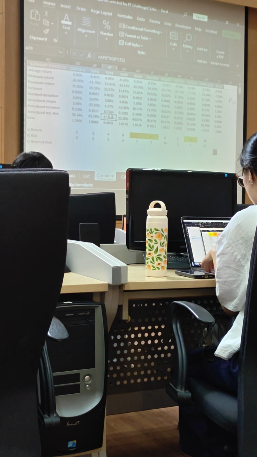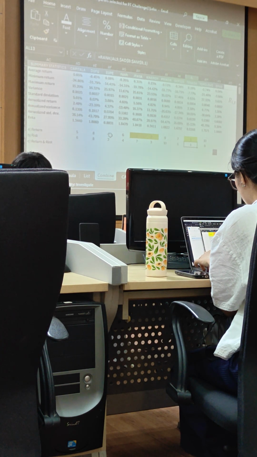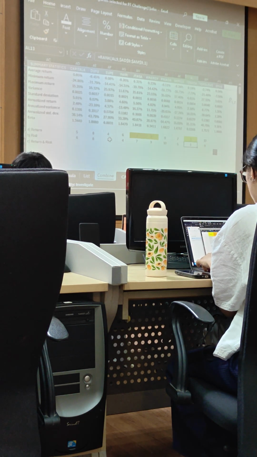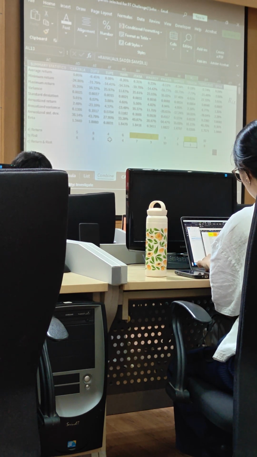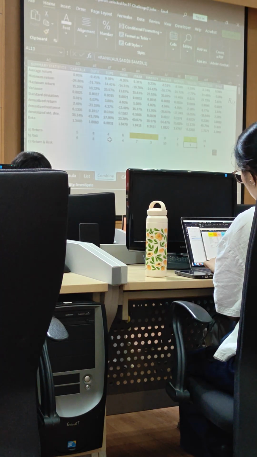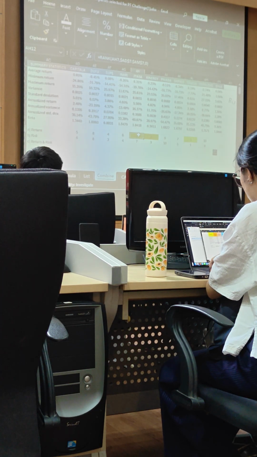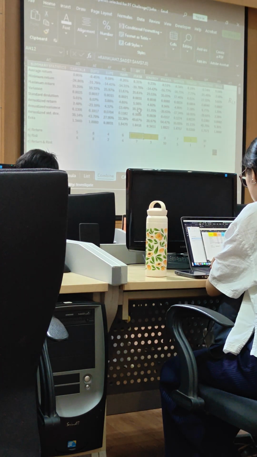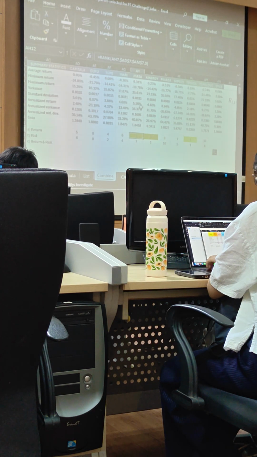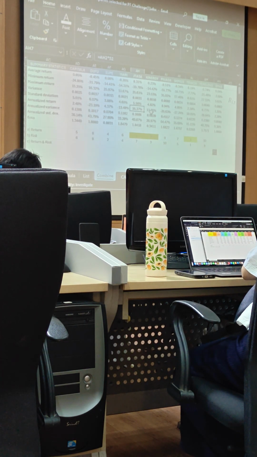Around 28%. You can see that as the ranking goes higher, from 1, 2, 3, 4, the risk is also higher compared to the return. The return, the number one is the highest.